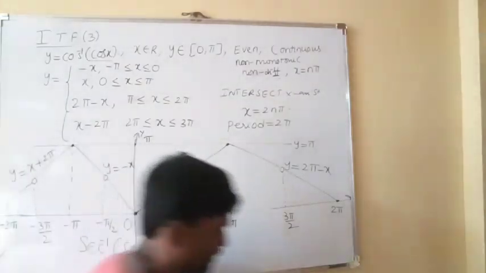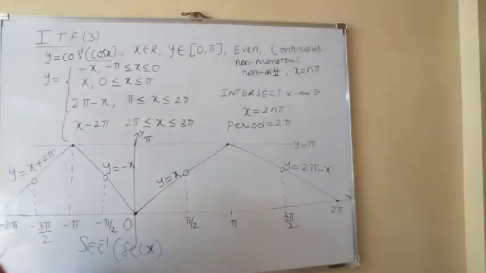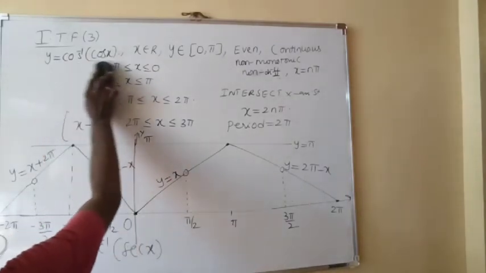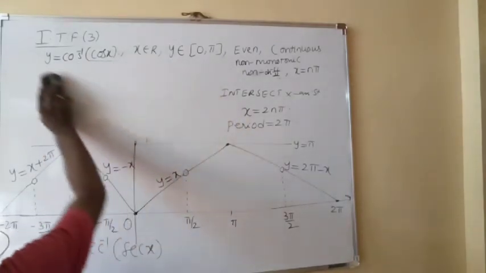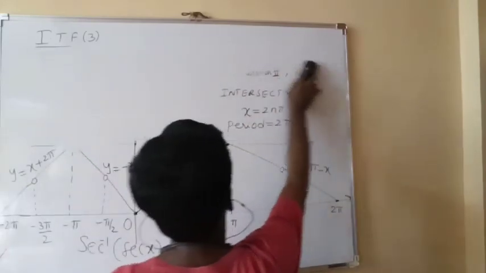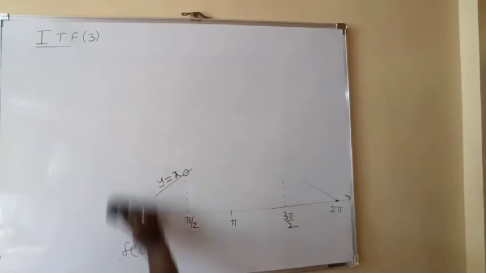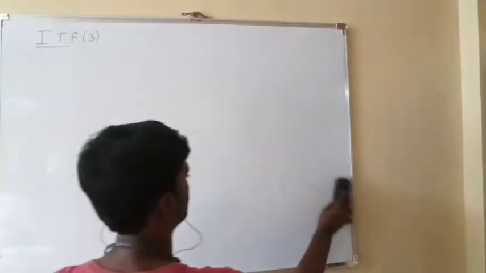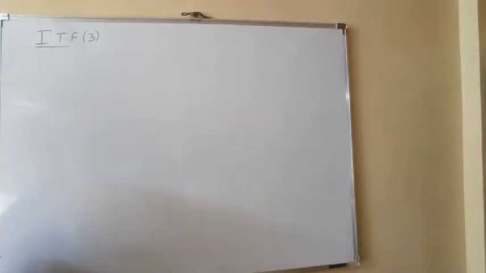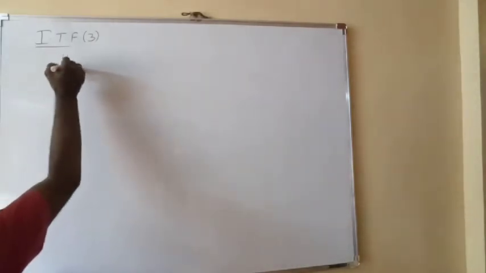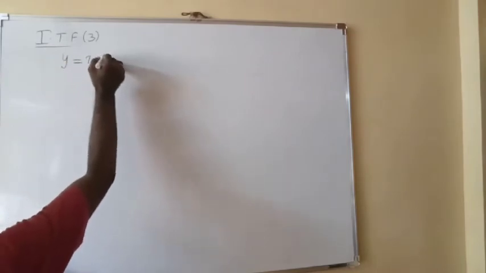But tan inverse of tan x and cot inverse of cot x are monotonic functions. Only these two are monotonic. The remaining 4 functions are non-monotonic and periodic of period 2 pi, whereas tan inverse tan x and cot inverse cot x are periodic of period pi.